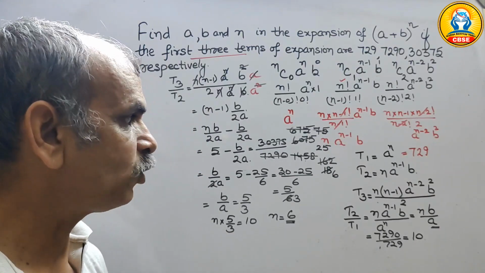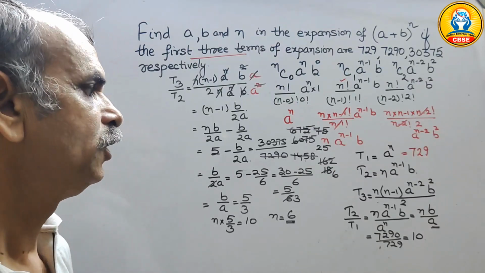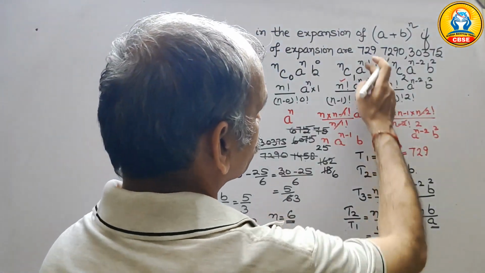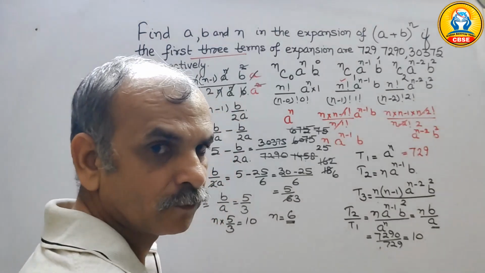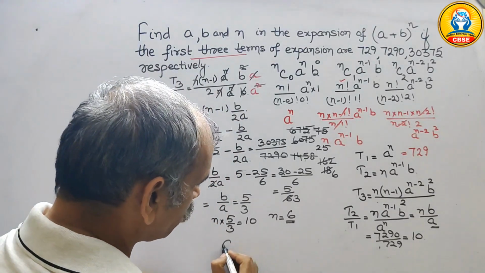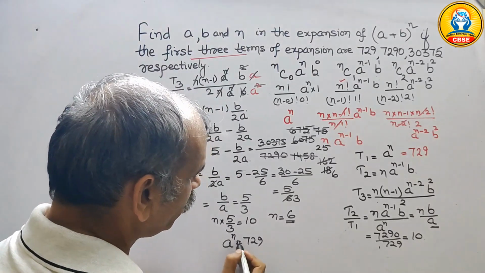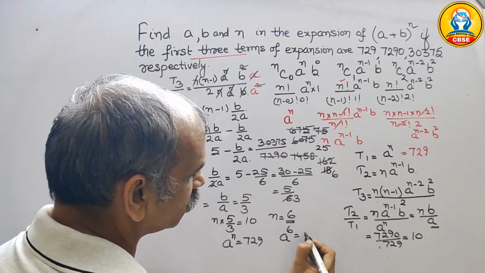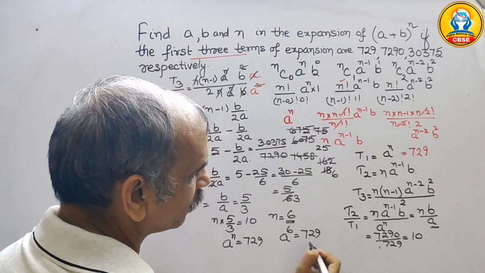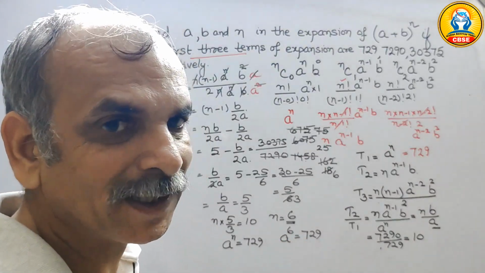Next we have to find out a and b values. So now the first term is 729, this one. So now a to the power of n is equal to 729. We know that n is 6, so we get a to the power of 6 is equal to 729. Just factorize it, 729.